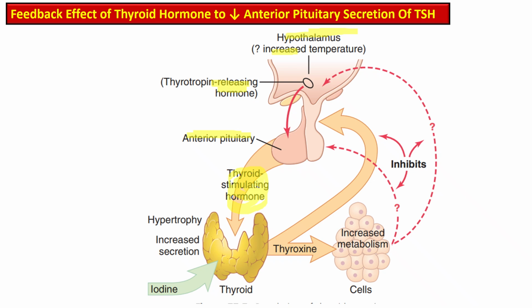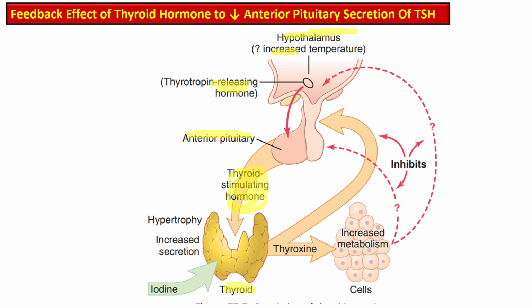So the thyrotropin acts on the thyroid gland, and this thyroid stimulating hormone causes an increase in size and an increase in secretion of the gland, and this requires iodine as a substrate.